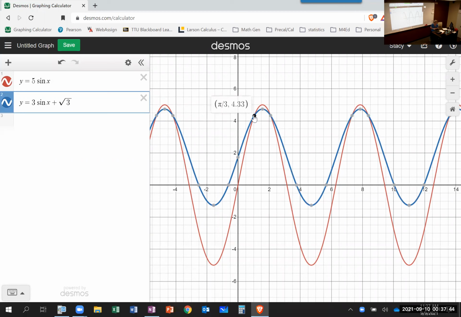And so you can see here that we got pi over 3. You can see here we've got 2 pi over 3. And then if we keep adding 2 pi, we're going to keep finding those iterations of the solutions. All right, so this is how you can check and see what's going on. You can do this on your graphing calculator and find the intersection of 2 functions.